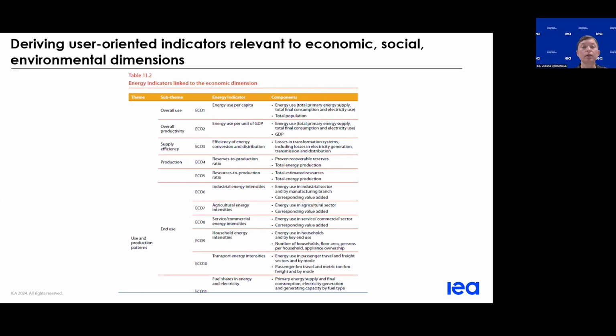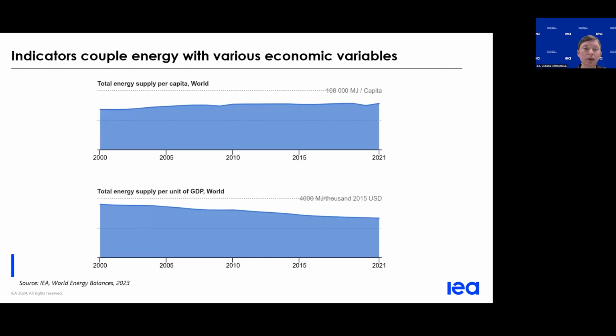Then the basic energy statistics and energy balances help us with development of different indicators that are related to energy, but also different economic, social, and environmental dimensions. So here we're showing a few examples of such indicators. And then in the practical use of these, you can, for example, trace things like total energy supply per capita on the planet.